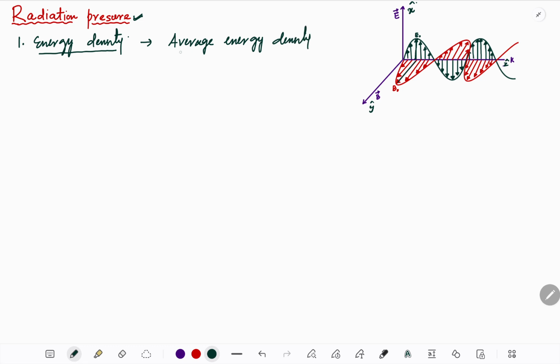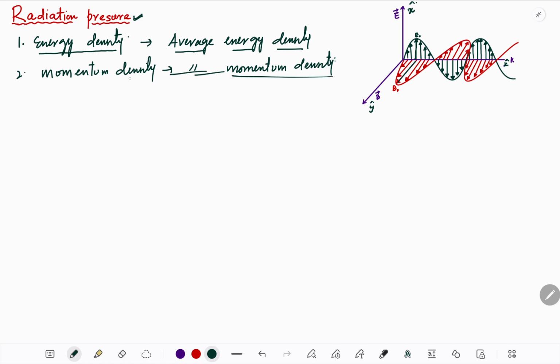And second thing, we'll know about the momentum density, or average momentum density. Because without these two topics, you won't be able to understand the radiation pressure formula, or simply you won't be able to understand this topic at all.